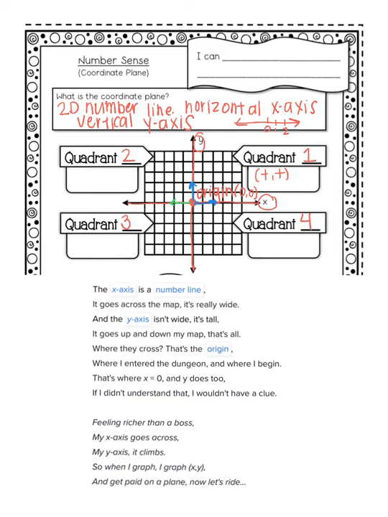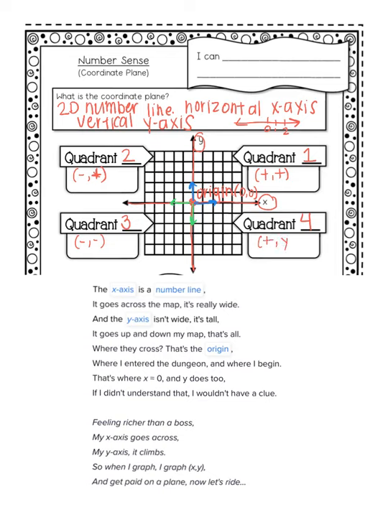So believe it or not, your x coordinate is going to be negative, but your y coordinate is going to remain positive because it's still going up. In quadrant 3, we have negative on the x and negative on the y because you're going to the left and then down. Quadrant 4, we have positive on the x and negative on the y.